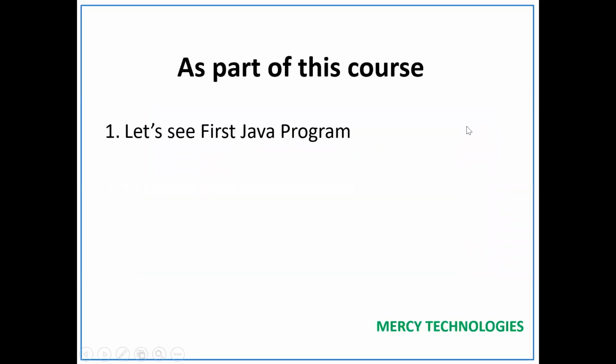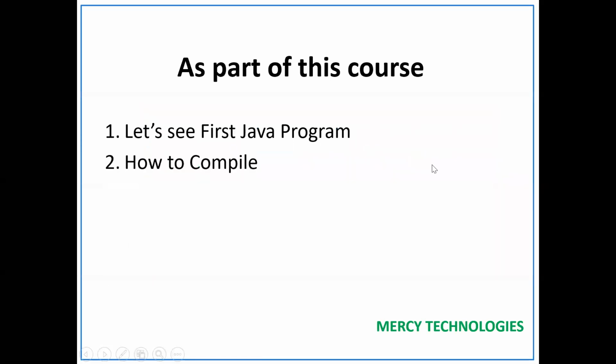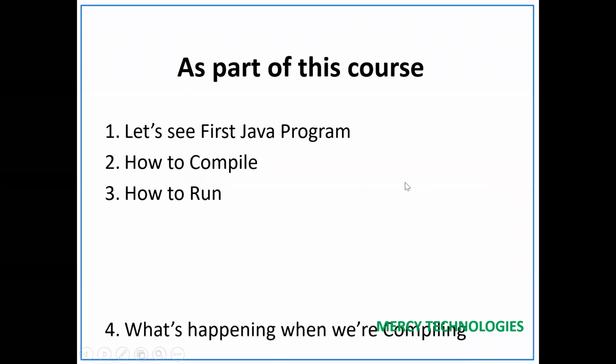So what is today's agenda? As part of today's session, we are going to see our first Java program: how to develop it, how to save it, how to compile it, and how to run it so we can see our output.